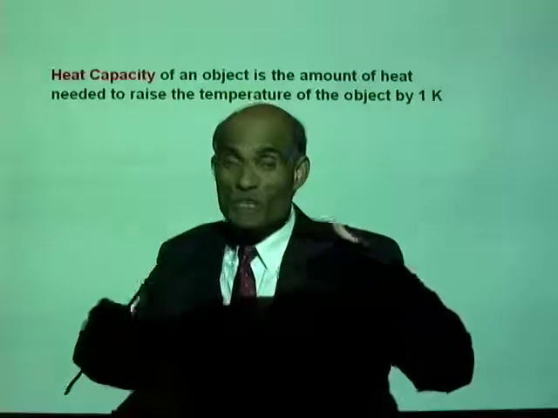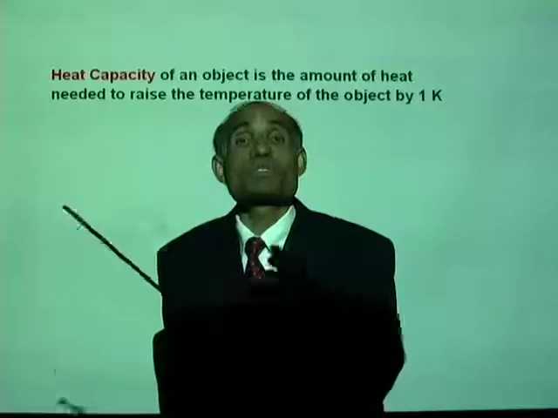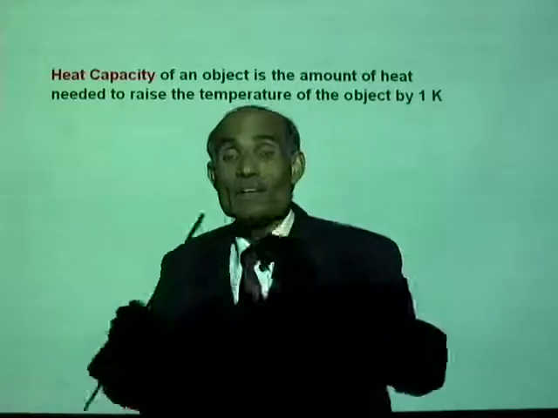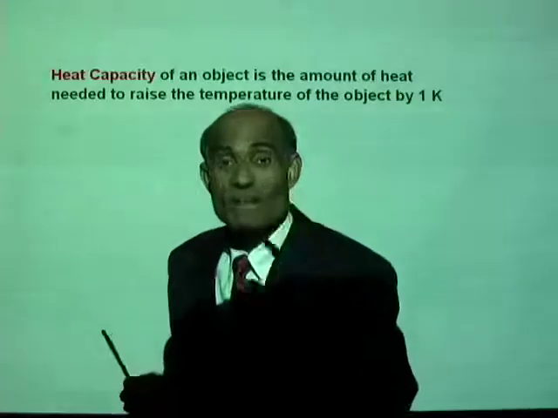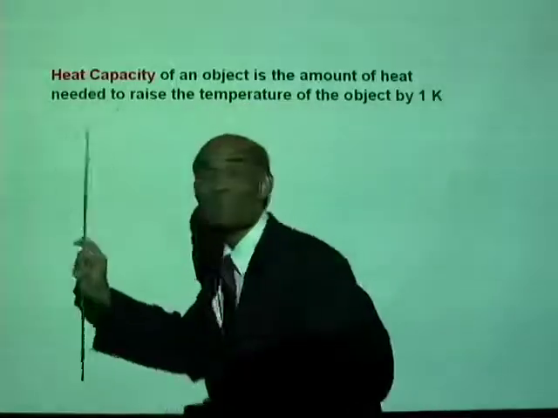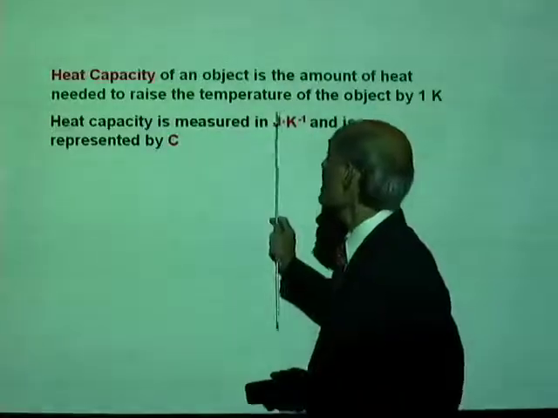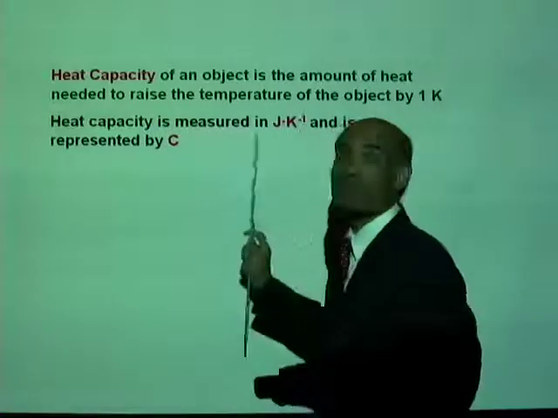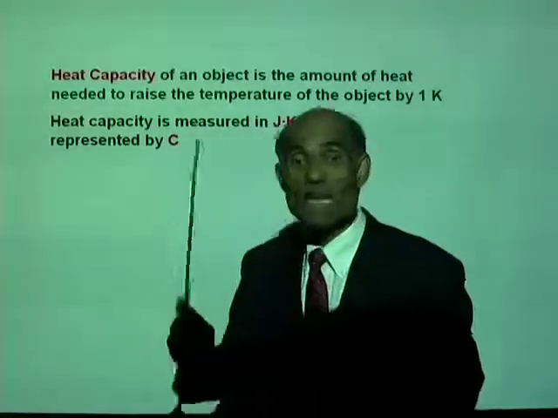If you want to increase the temperature of m kilogram of a substance by 1 Kelvin, in other words, the whole mass of a substance by 1 Kelvin, that amount of heat is called heat capacity. Heat capacity is measured in joules per Kelvin, and you represent that by the uppercase C.